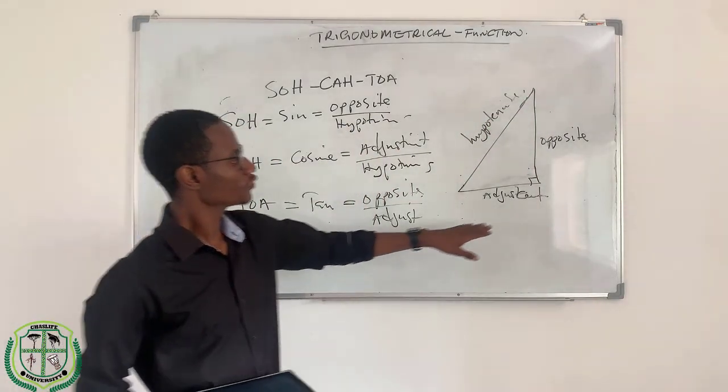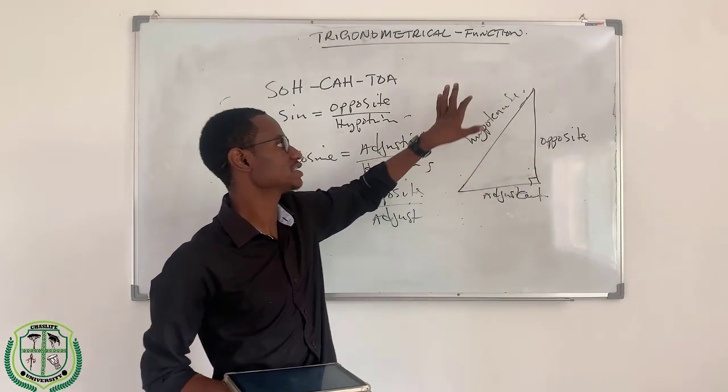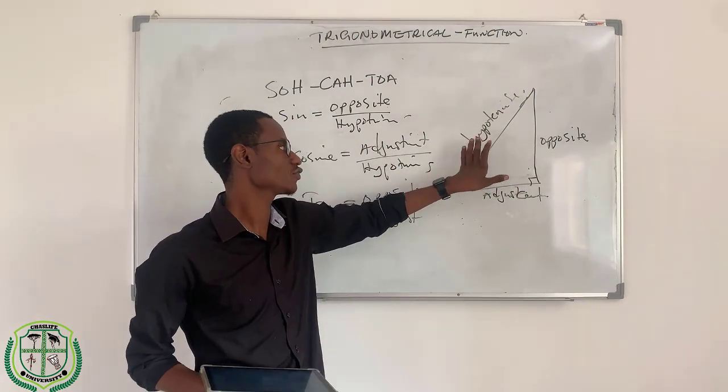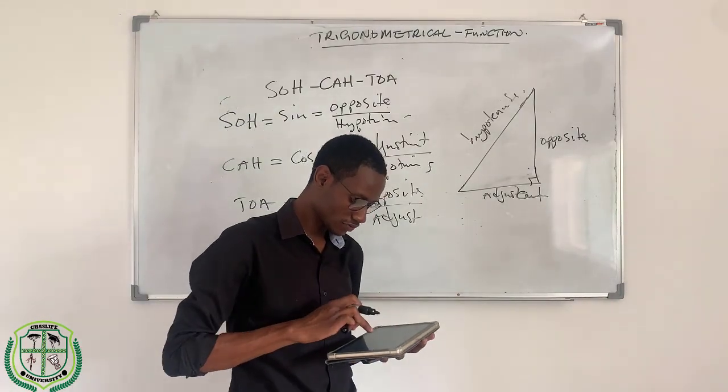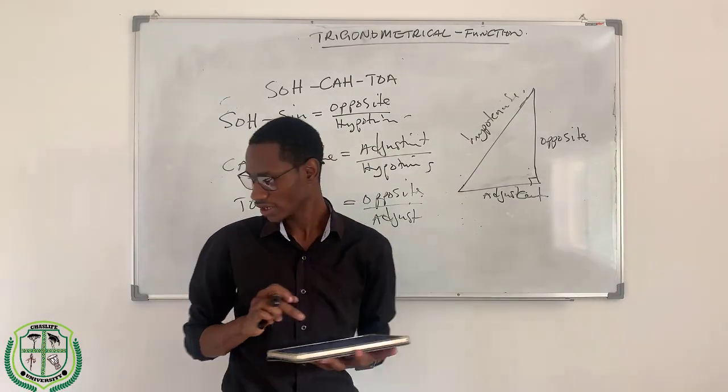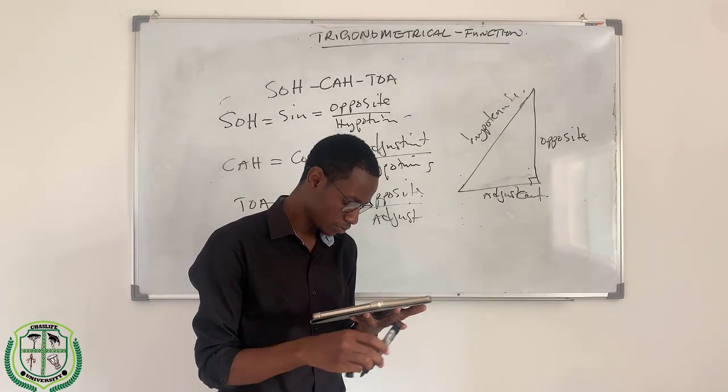So if you've been given A and B, you can find C. Without wasting much of the time, let's try to explore the values.